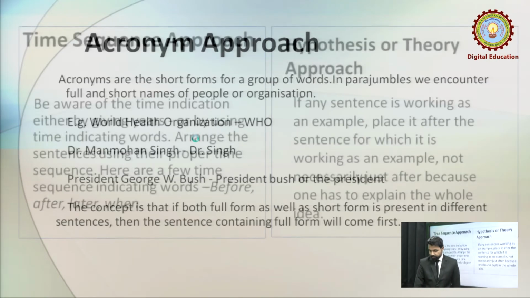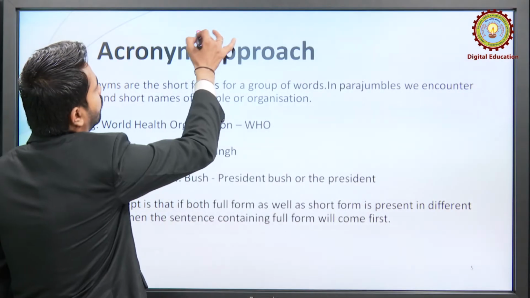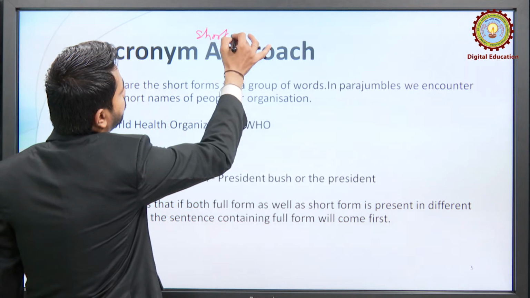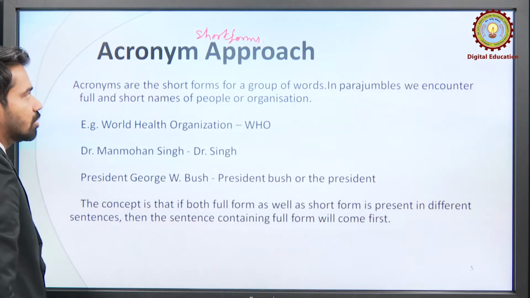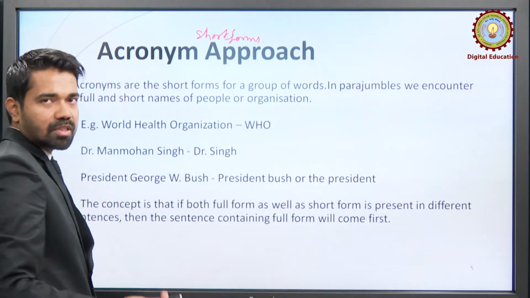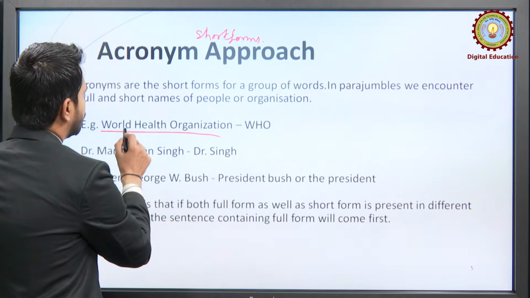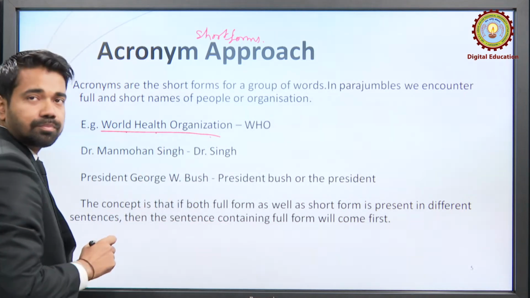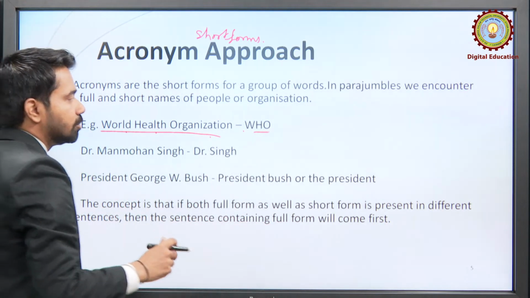Next we have the acronym approach. What are acronyms or short forms? Basically, acronyms are used for short forms of something or somebody. Like we have World Health Organization, and the short form of this is WHO.